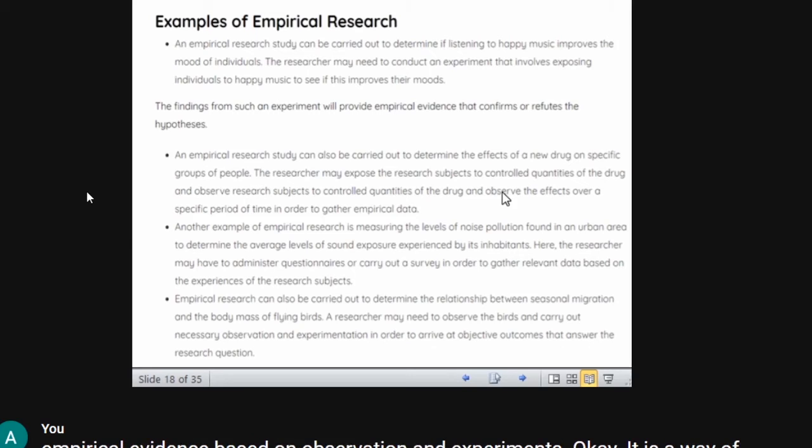Your question is, are you able to get a positive mood based on listening to happy music? It depends upon the mentality of the individual. When you conduct the research, you will be able to answer these questions.